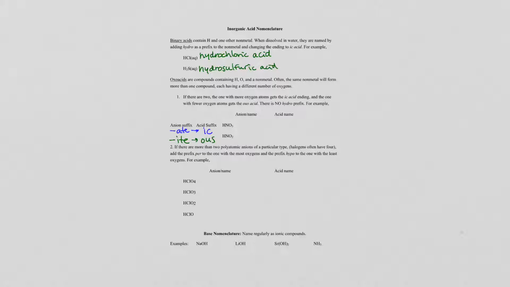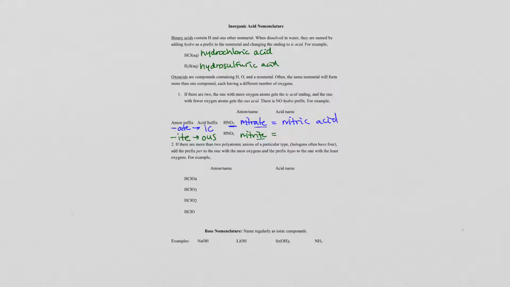Now you'll see this example. NO3 is nitrate and NO2 is nitrite. So this would be nitric acid, and this would be nitrous acid.